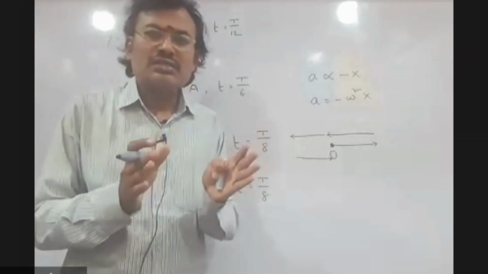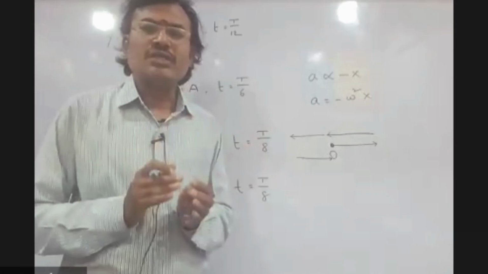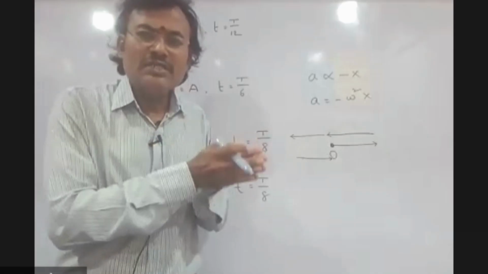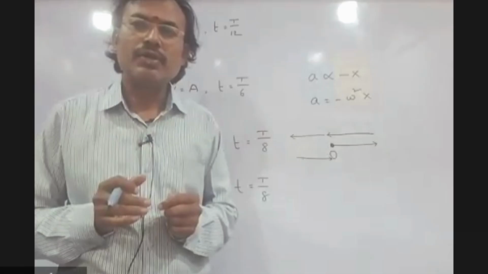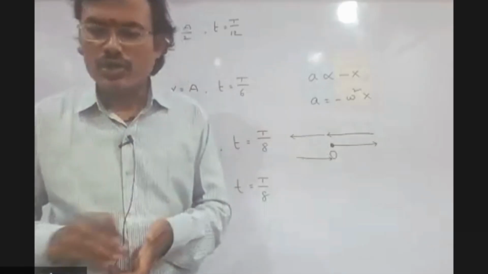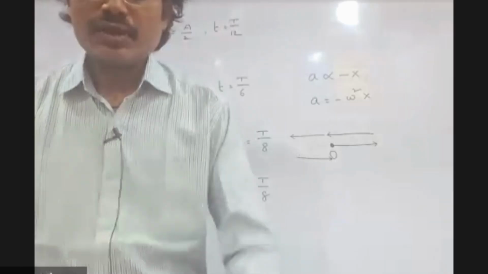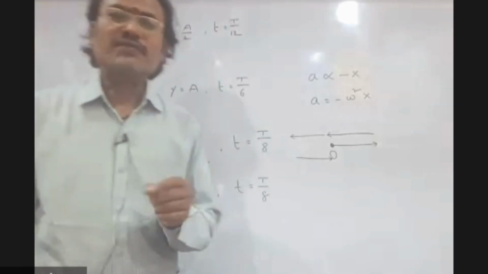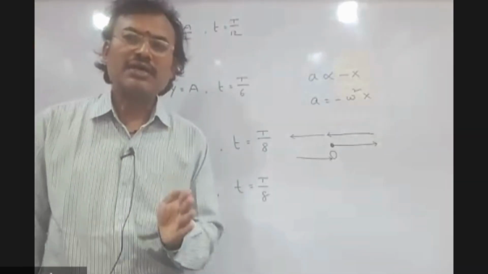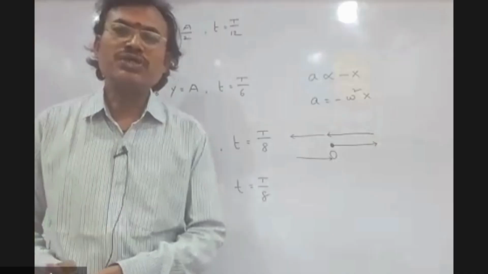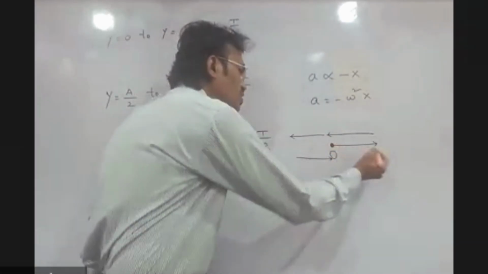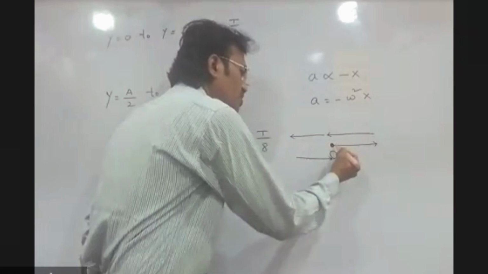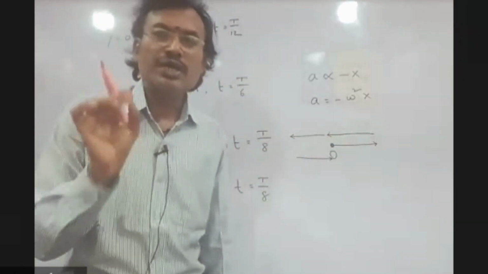All these displacements of the particle should be periodic. What is the meaning of periodic? It means that at regular intervals of time, it travels from mean position to extreme position to mean position.